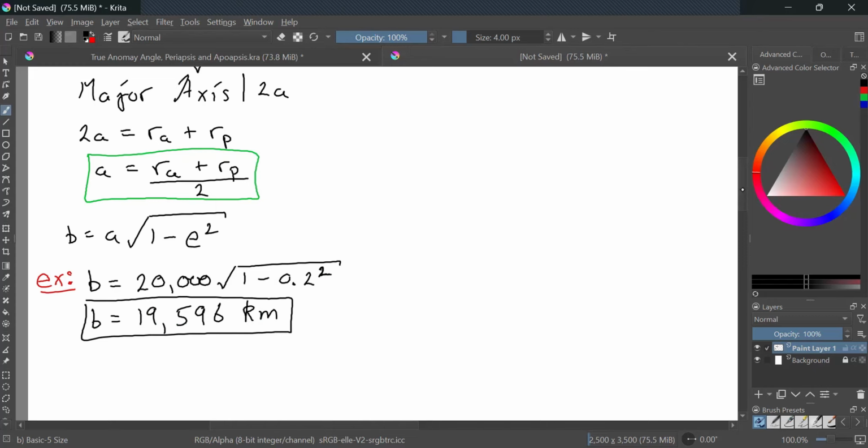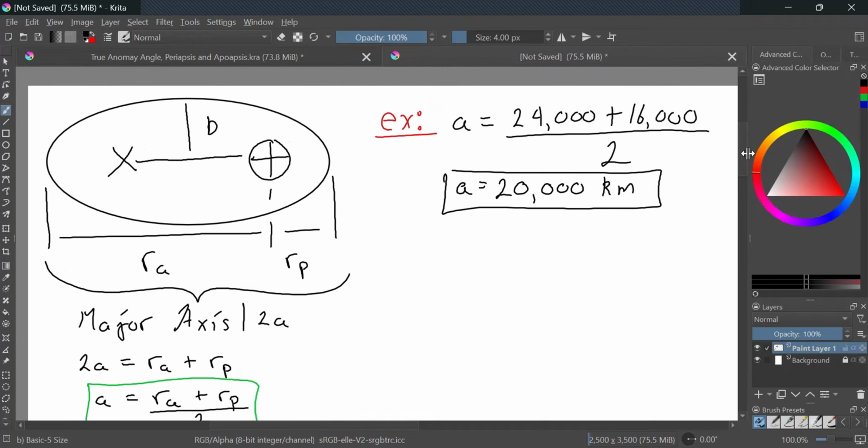There is, off the top of my head, at least one more useful characteristic. From one of the foci up to where it intersects with the ellipse, that's going to be slightly less than our semi-minor axis.